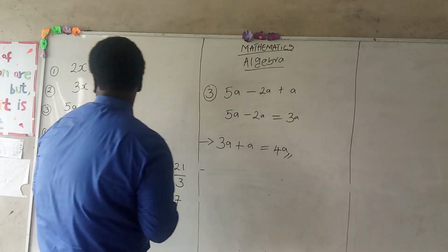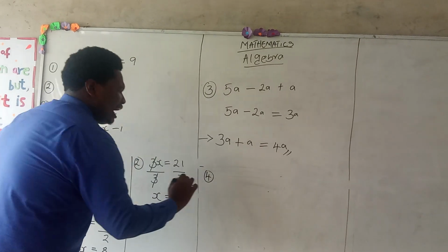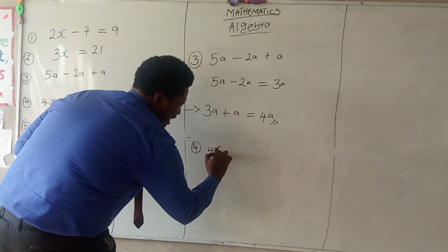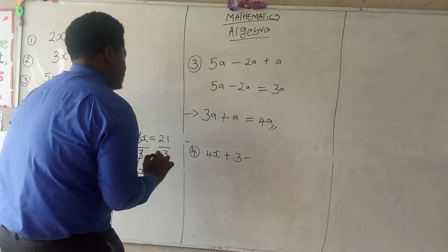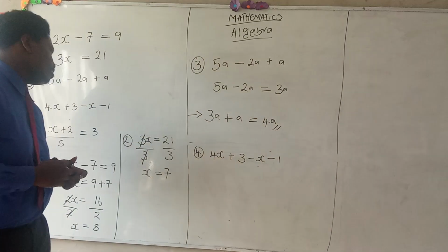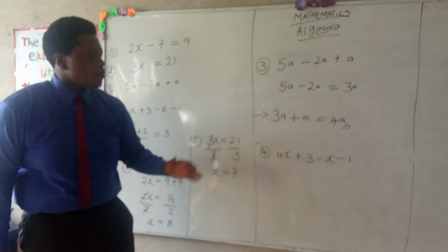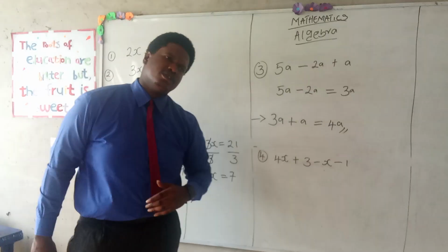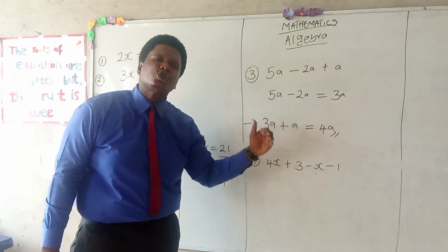Now let's look at the fourth illustration. We have 4x plus 3 minus x minus 1. When we see this kind of algebraic expression, our ability to collect like terms is very crucial.